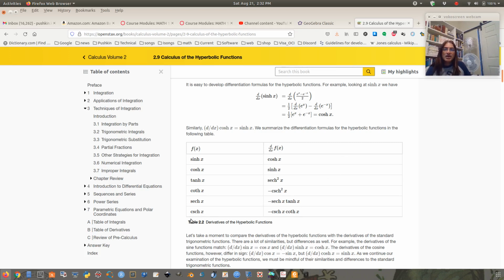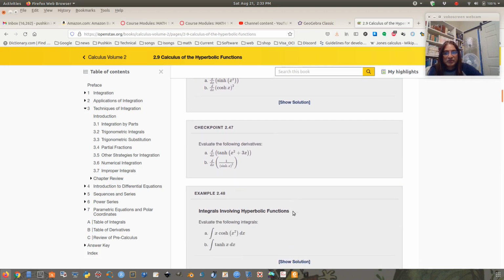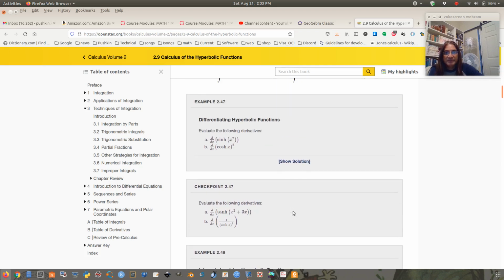And the derivative of csch x is negative csch x coth x. Okay, so this was about differentiation of these, and of course using, for example, the chain rule, knowing this table, you can find the differentiation of functions of this type.